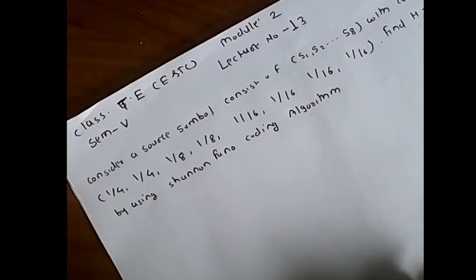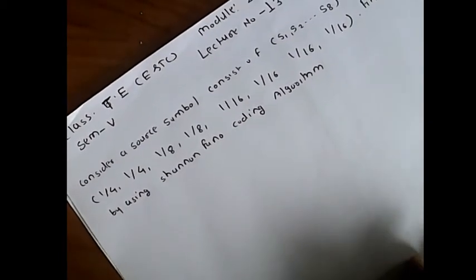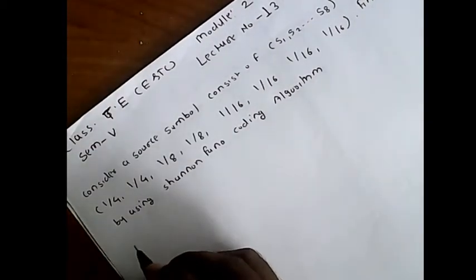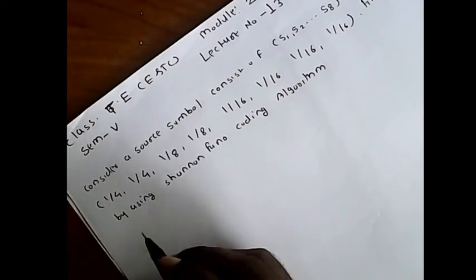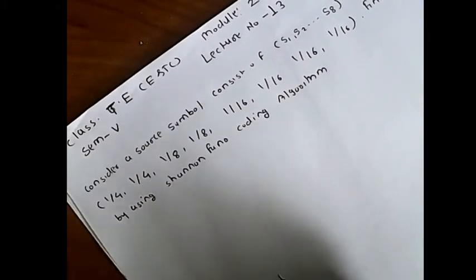So what is the first step to solve this example? The given symbols are written in decreasing order of their probabilities.